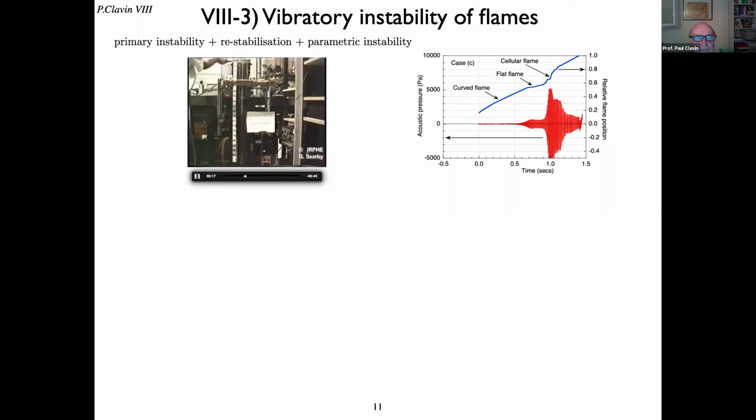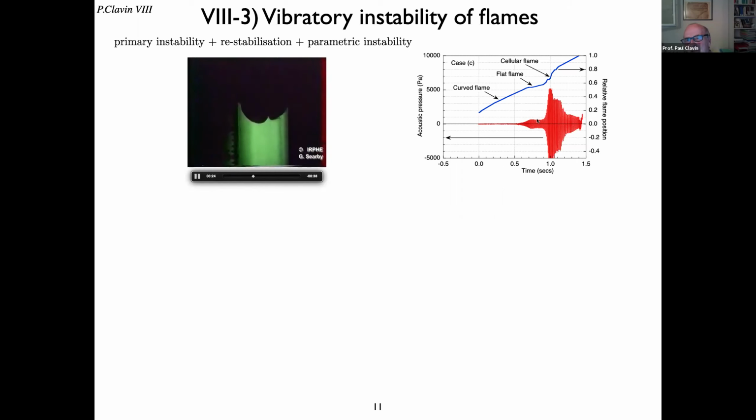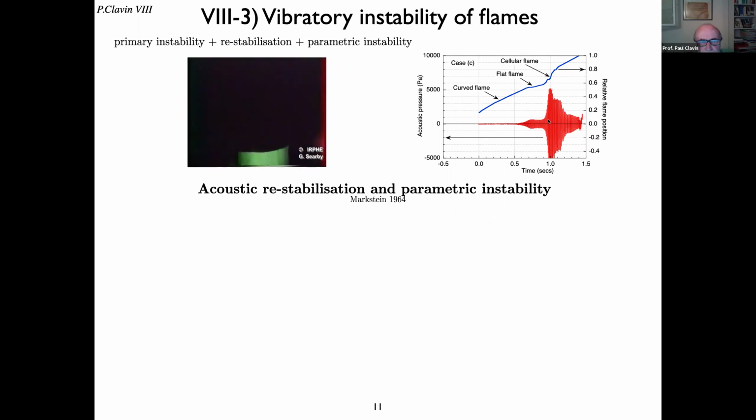In the first stage, as you see, the flame becomes quasi-planar, and suddenly you have a different regime, this second regime here. The primary instability is the one I have described, and the second is the parametric instability, which I just want to mention without giving you details of the calculation because it is too complicated.